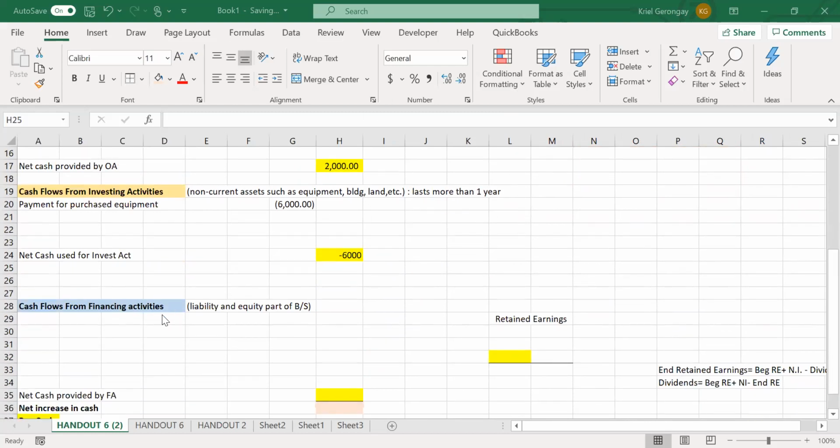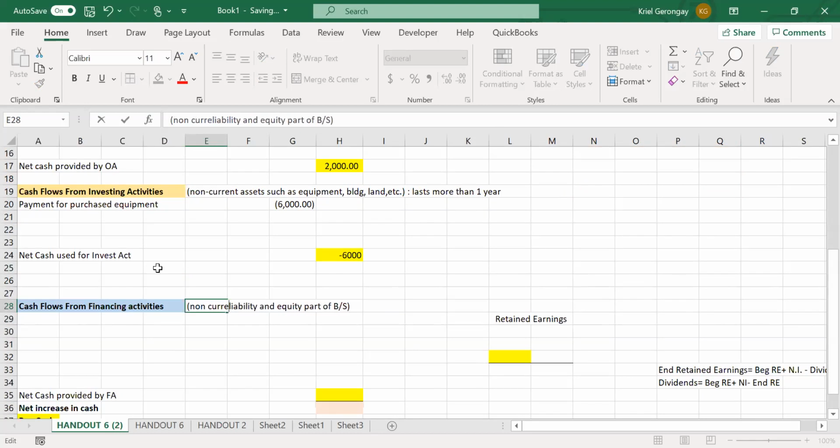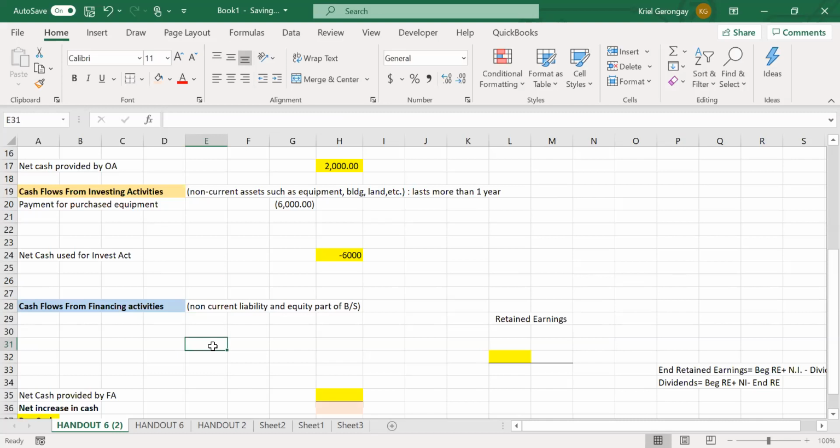And so now we're moving on to cash flows from financing activities. A tip that I could give you is to focus on the non-current liability part and the equity part of your balance sheet. Examples of non-current liabilities are mortgage payable, long-term notes, or loans payable.